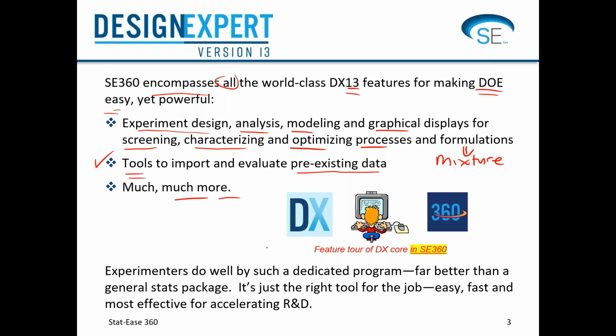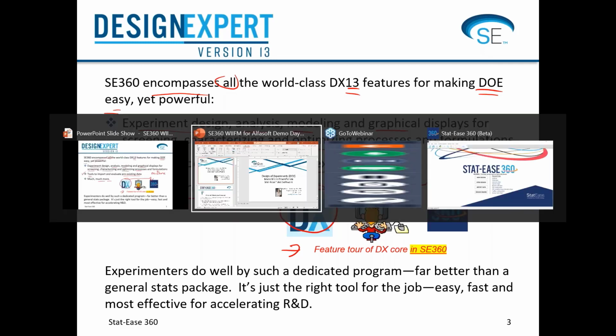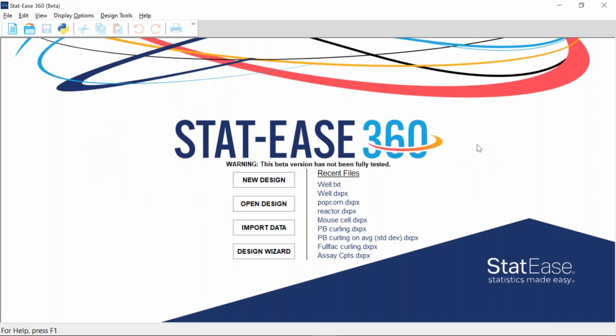So I thought what I would do to start with is just give a feature tour of the Design-Expert tools that are incorporated in 360 before we talk about the advanced tools that 360 adds, on top of everything else. So I'm going to Alt-Tab over, and here we see the splash screen for StatEase 360.